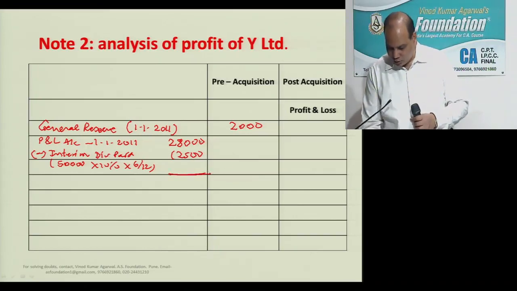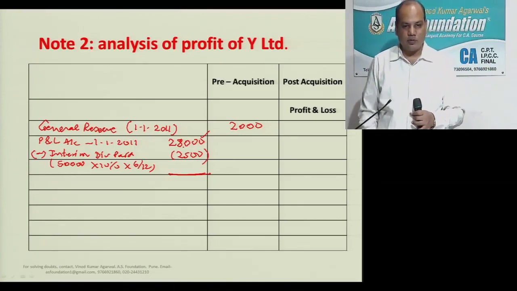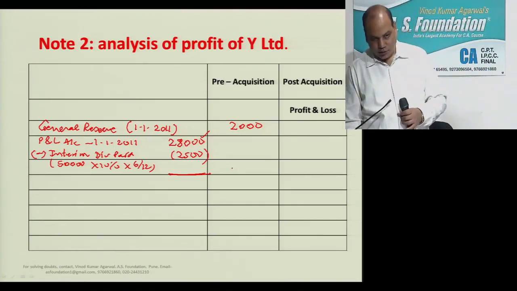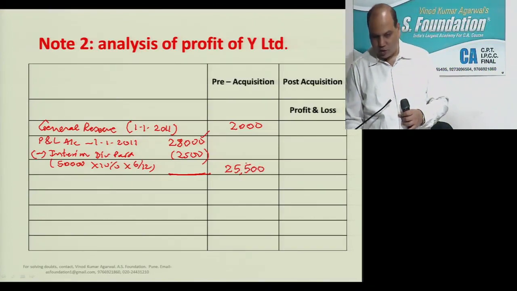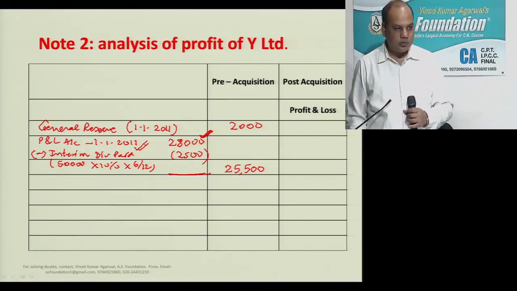So this 28,000 was last year's profit balance, out of which 2,500 has gone. So how much is the remaining profit of last year now? 25,500. So this 25,500 will be written in the pre column because it was already there in the books of the company on 1st January 2011. Okay.